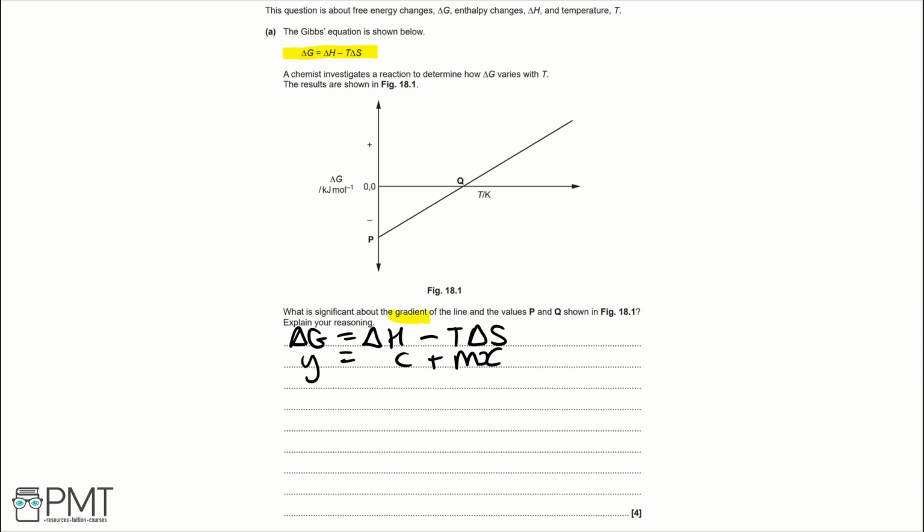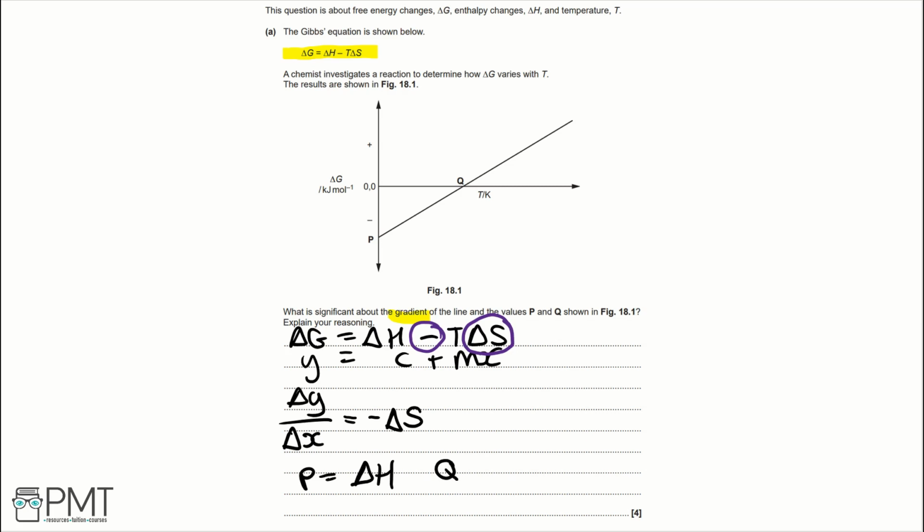So, gradient of the line is change in y over change in x, and that would be minus delta S. Looking at the equation, the minus and the delta S comes from here. Then P is the y-intercept, or c, and that is delta H, or the enthalpy change.